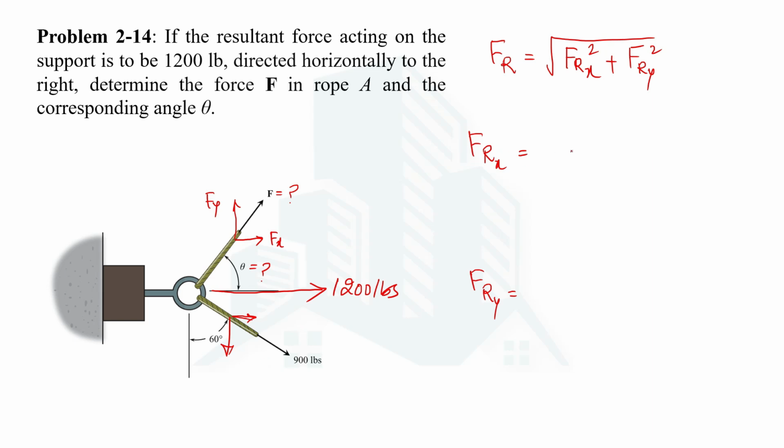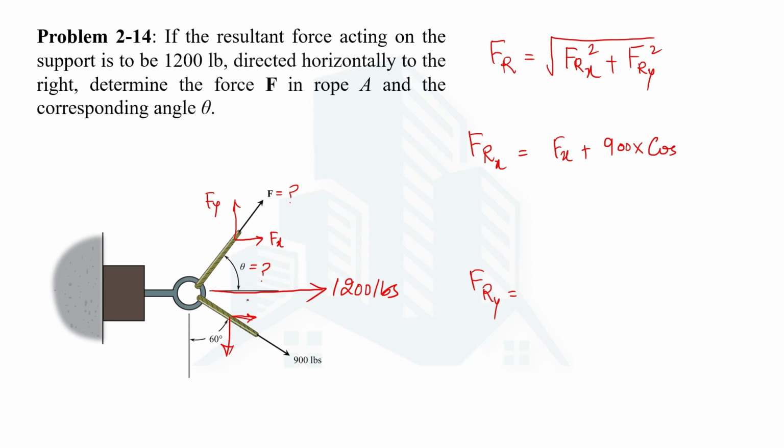So FRX is actually the addition of all the X components which are forming this resultant. There are two forces here, so the addition means Fx plus the X component of the 900 pounds force. The X component is usually calculated as 900, the magnitude, multiplied by cos of the angle which this force is making with the horizontal axis.